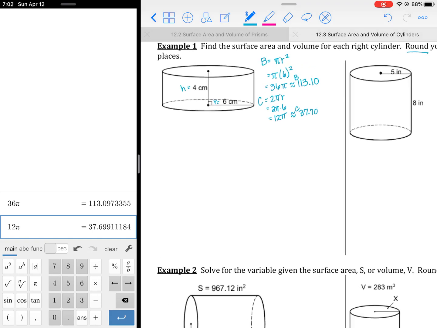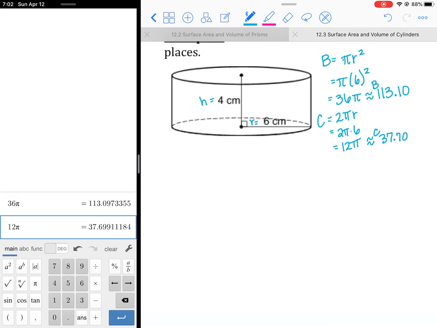All right, so going back to this one, now we need to find our surface area and our volume. For our surface area formula, remember it was very similar to the prism. It was 2 times the base plus, instead of perimeter, we're going to use our circumference times our height.